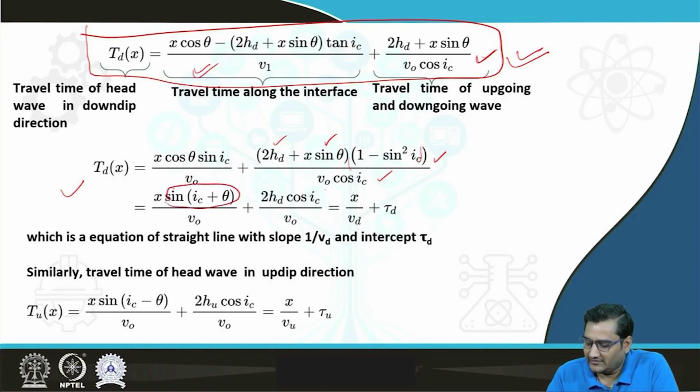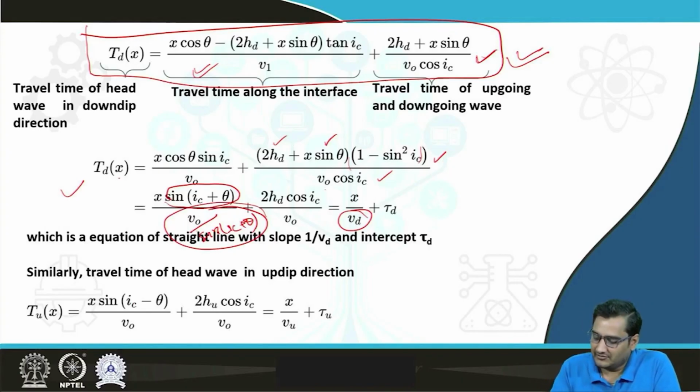You can take this V0 divided by sin(IC plus theta) down below, and collectively this can be called Vd, the apparent velocity in the down dip direction. So the total travel time in the down dip direction will be x by Vd plus tau d.